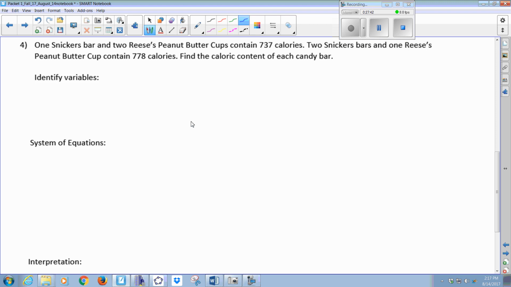All right, so let's say S is going to equal, we've got to start with identifying our variables. For some reason I can't get my pen to work. Let's try this again. Let me stop this and see what's going on. Okay, I'm back. The pen is now working. So let S equal the number of calories in a Snickers bar.